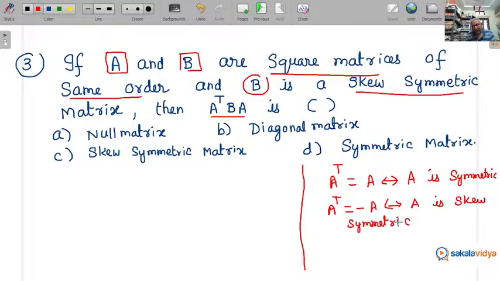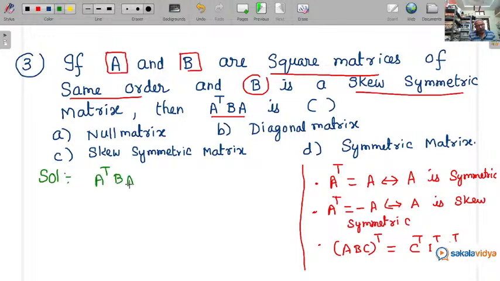And one more property you need to discuss. Suppose A into B into C whole transpose is there. It follows the reversal property. Reversal property means C transpose, B transpose and A transpose. First let us find out the transpose of this matrix. So first let us apply it here: A transpose B A whole transpose.